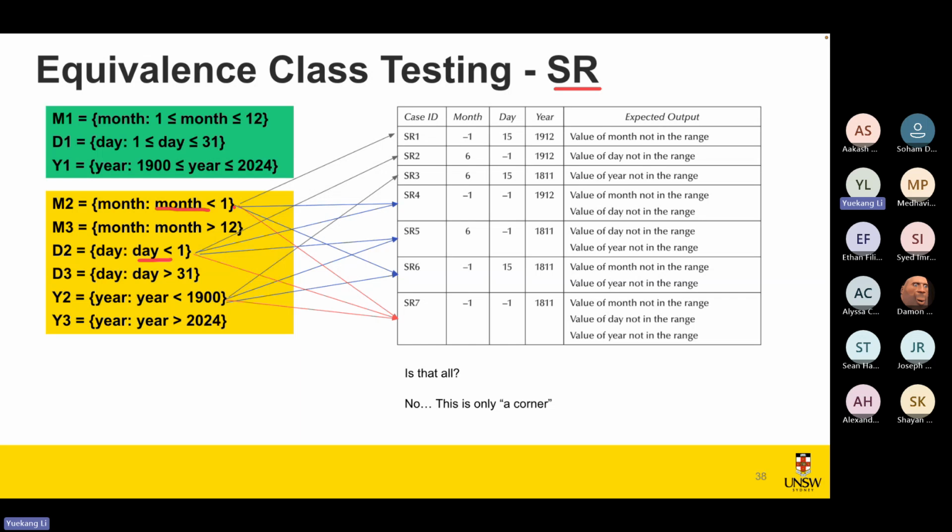And the second switch here is the single fault assumption. So what does the single fault assumption deal with? So, if we turn on the single fault assumption, then we only allow one parameter to be invalid at a time. And if we turn off this assumption, then we allow more than one input variable to be invalid.